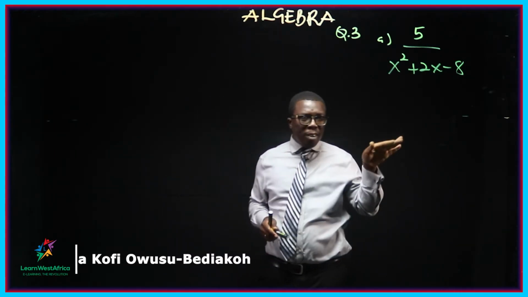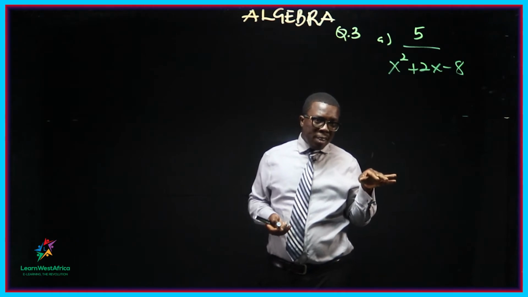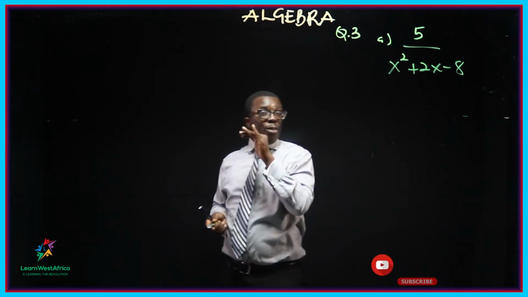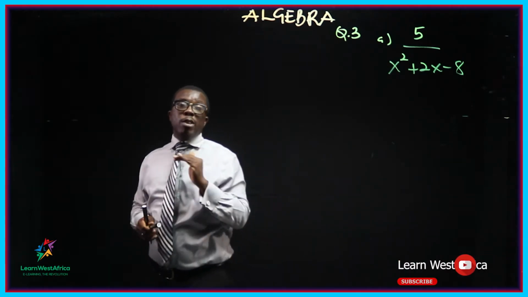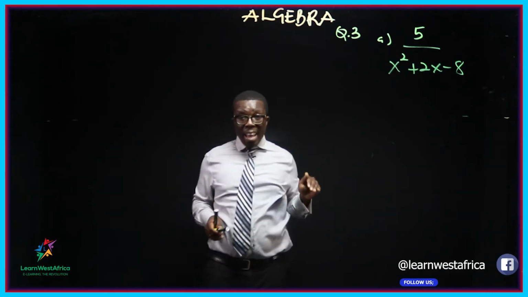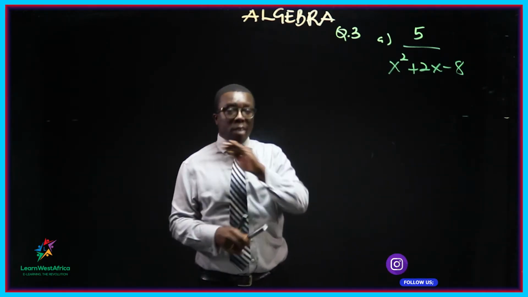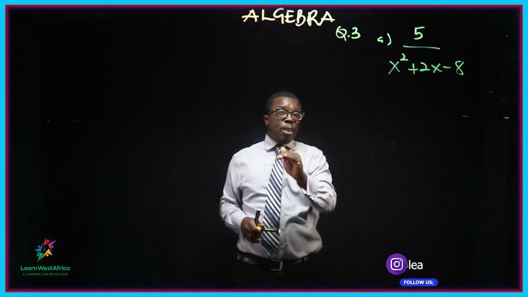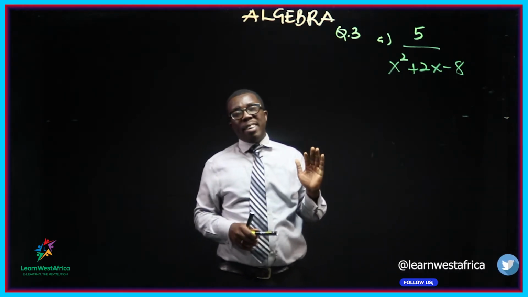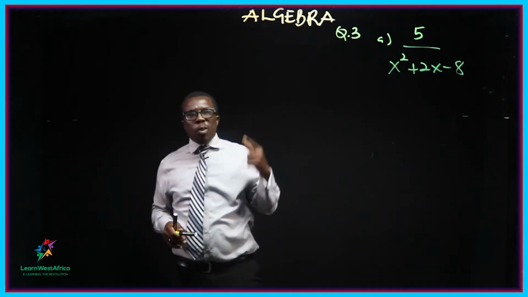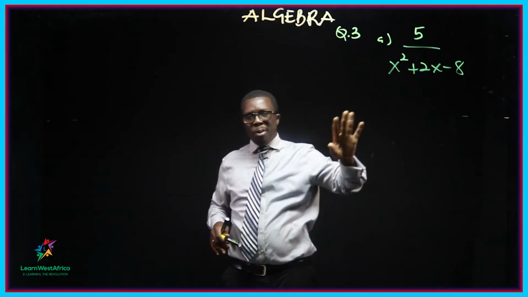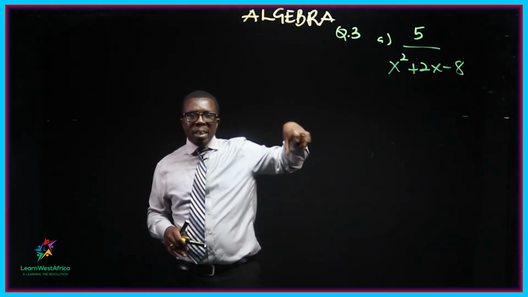A function is undefined when you try to divide by 0. The numbers that make the denominator 0 are the values that make the function undefined.